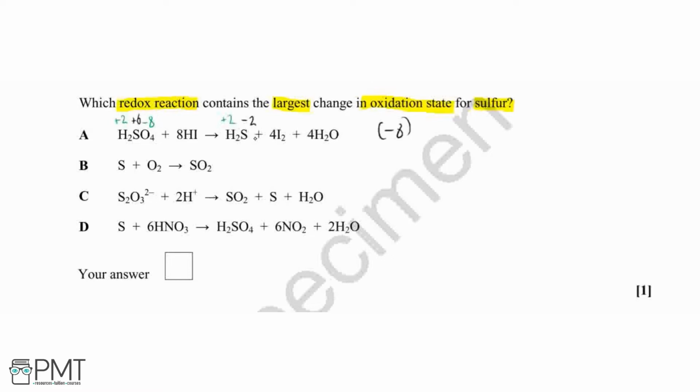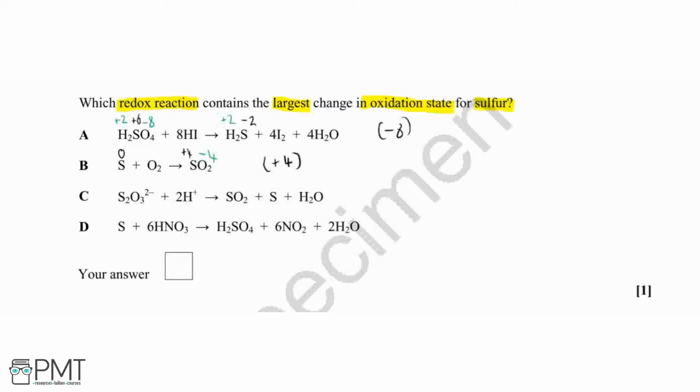In equation B, our sulfur will have an oxidation state of 0 because it's in its elemental form. On the right-hand side with the sulfur dioxide, we've got 2 lots of -2 from the oxygen giving -4. Therefore, the sulfur will need to be in oxidation state +4. So our change with this one is going to be +4.